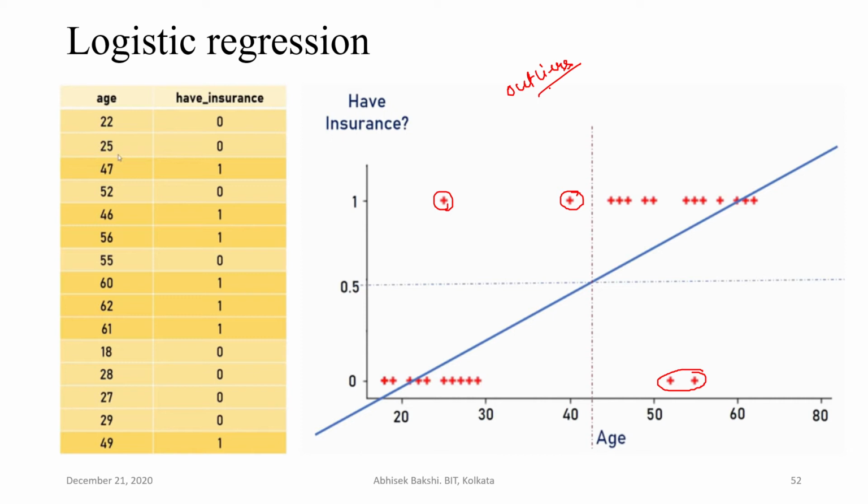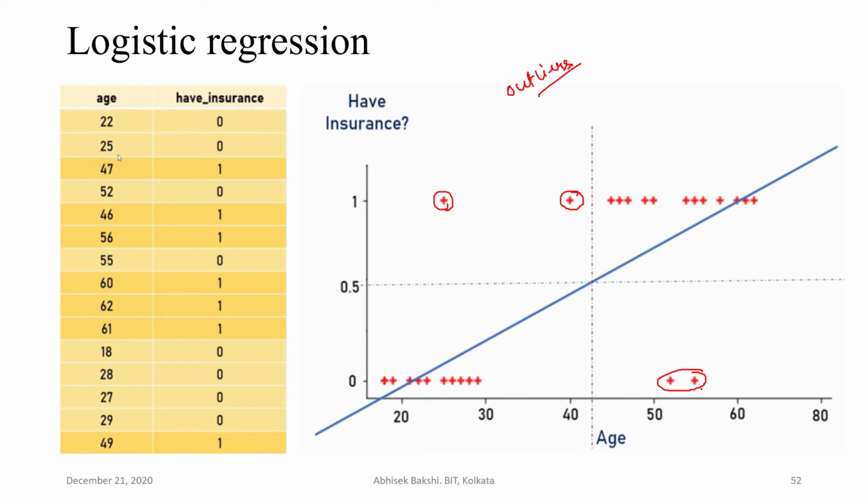Because if you really want to see the distribution of the data of those who have not taken any insurance, most of it should be somewhere over here. But just because of these 2 points, the distribution becomes different. The chance of having no insurance at a very older age is minimal.